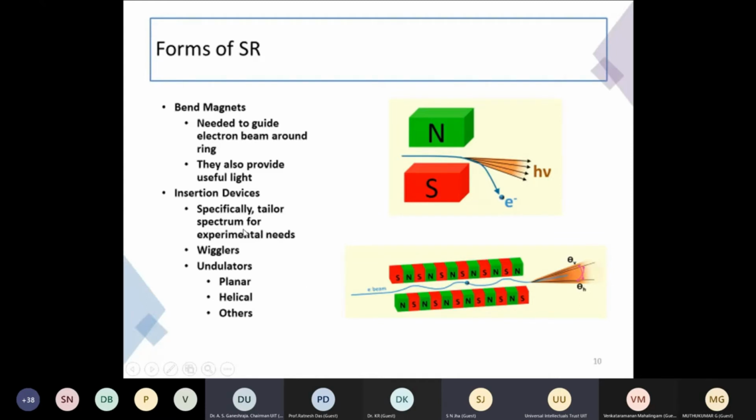These different devices are known as wigglers, undulators, etc. I will not go into detail, but I am just giving you a glimpse.